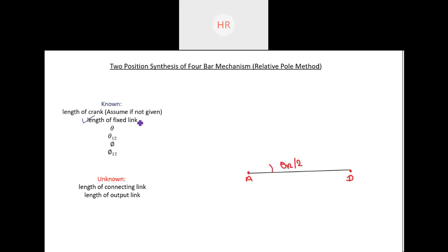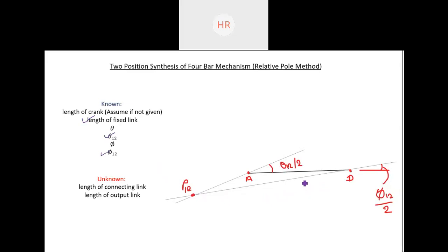Then we will draw a line at an angle theta 12 by 2, of unknown length. Then at an angle phi 12 by 2, we will draw another line. So at the intersection of these two lines, I will get the pole point P12.